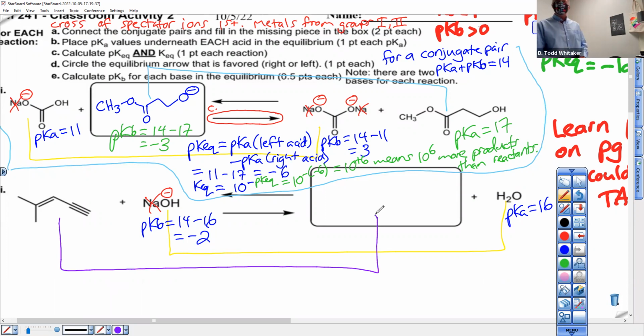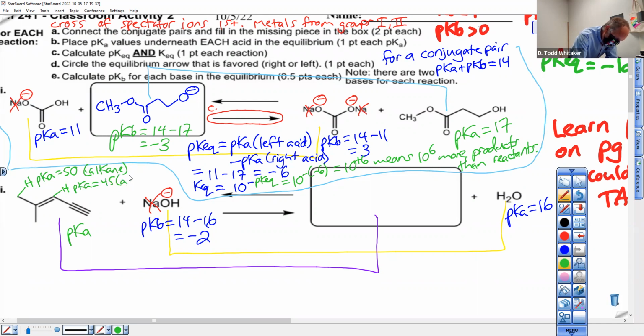What do bases react with? Acids. So I'm going to need a pKa for this, and I'm going to give you 3 pKa's, and you tell me which one is the only one that's appropriate. Over here is an H with a pKa of 50. That's an alkane. Over here is pKa equals 45.